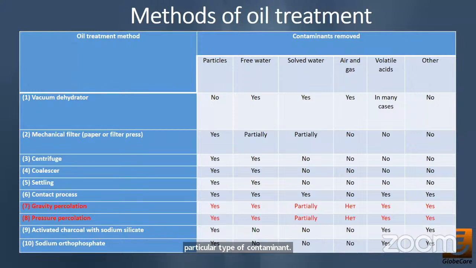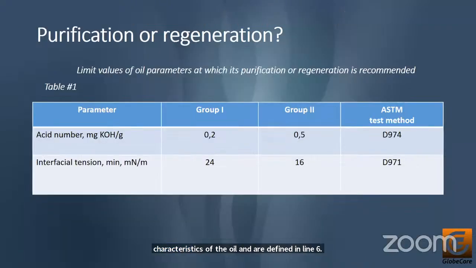All the processes associated with regeneration are related to the improvement of the chemical characteristics of the oil and are defined in line 6, which are contact processes. They involve percolation, activation with sodium, and titration of phosphate and other elements. Those are chemical processes.